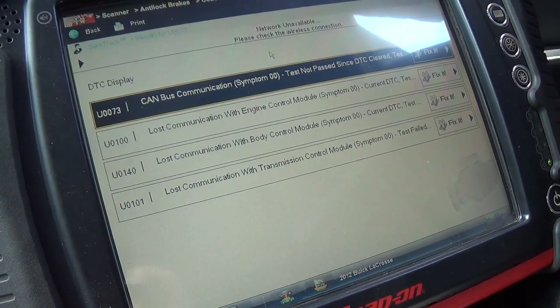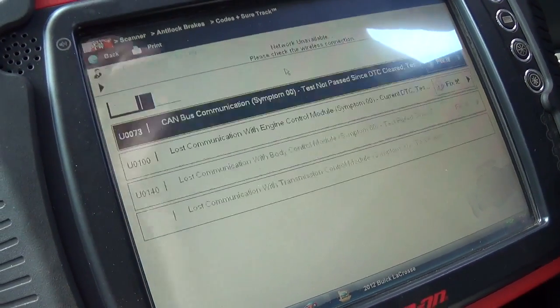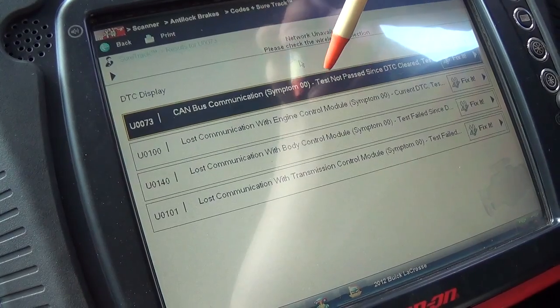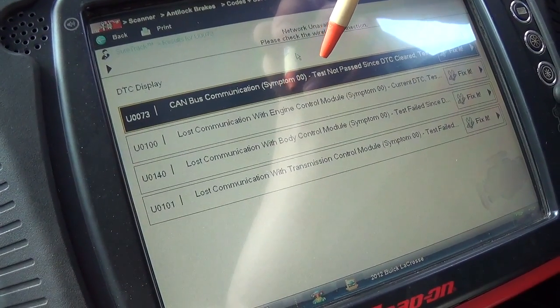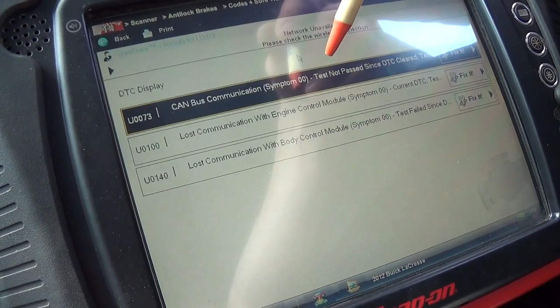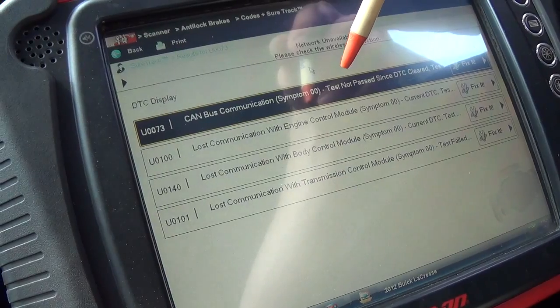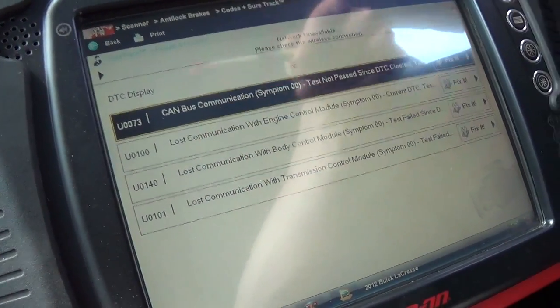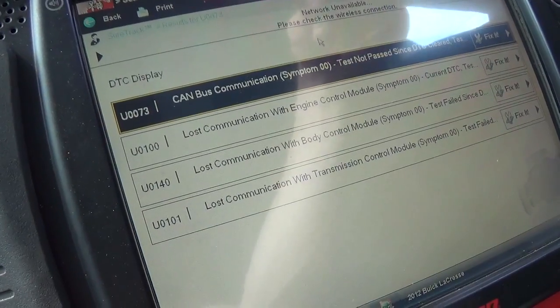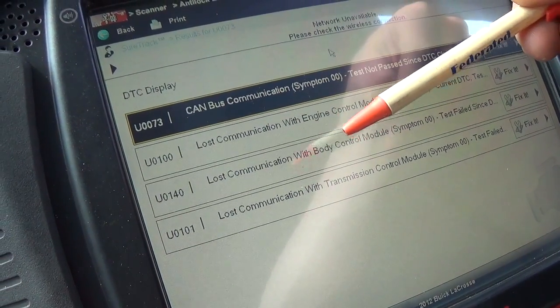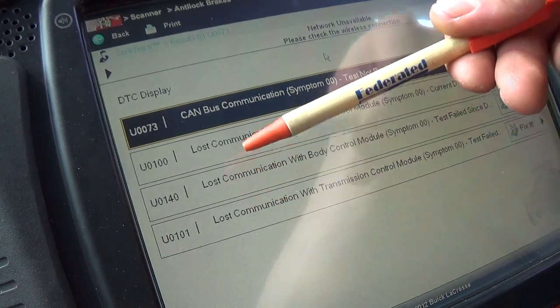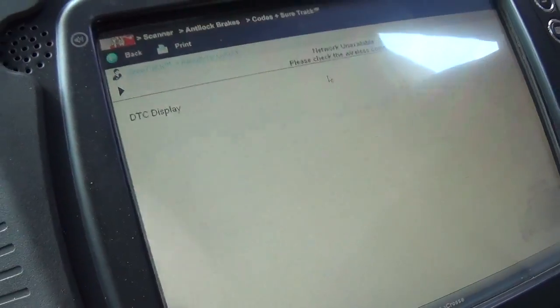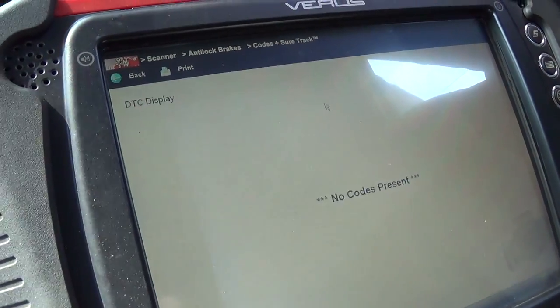Oh, did you see that? What just happened there? CAN bus. Why are we changing here? Which one is it? What the heck is going on? Let's see, 140, 101, 173. No codes present.